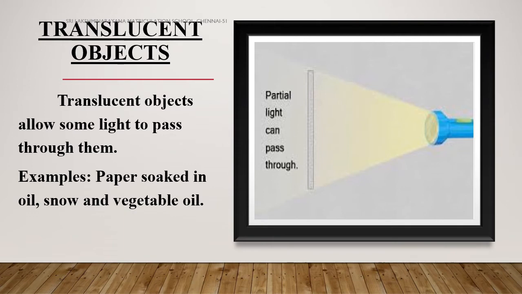The examples of translucent objects are paper soaked in oil, snow, and vegetable oil. In the picture, you can see a butter paper placed before a torch, which emits only a small amount of light when passed through it.